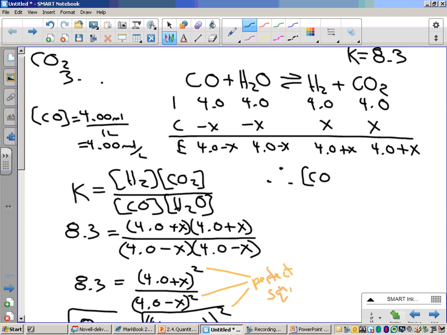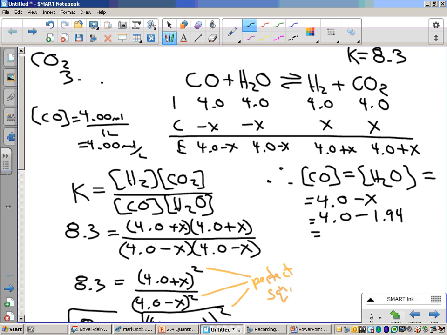The concentration of CO, which in this case is equal to the concentration of H2O, is equal to 4.0 minus x, which is 4.0 minus 1.94, and therefore the concentration of those two things is 2.06.